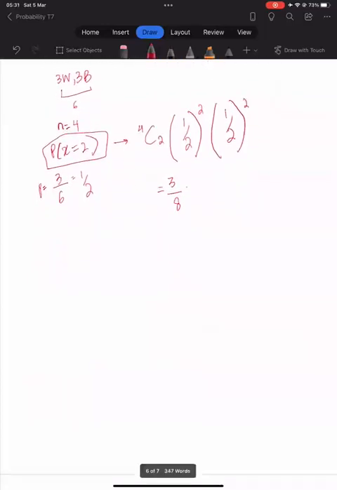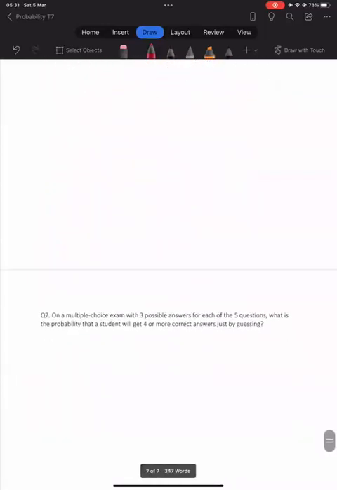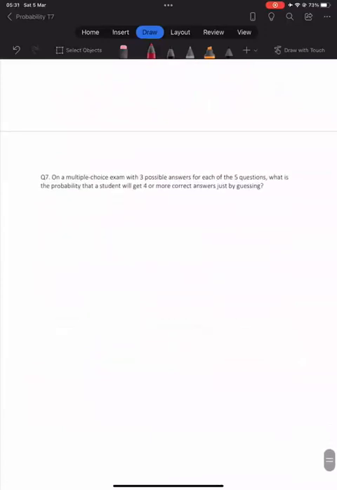Moving on. This is the last question, and you guys can try it. I think this is also very easy. I'll give you guys 30 seconds and then we can do it together.